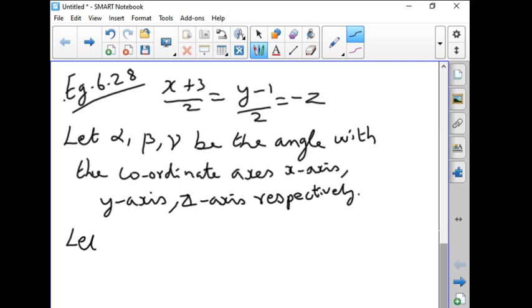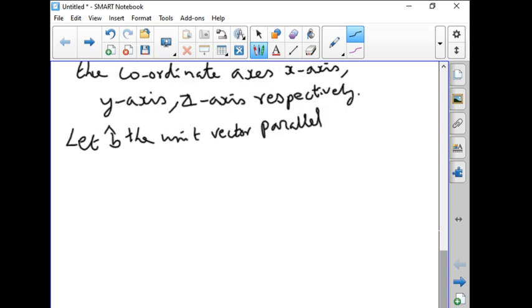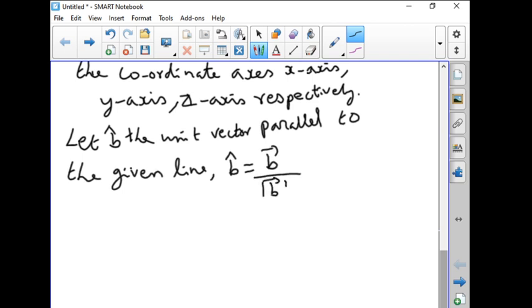So let b cap be the unit vector parallel to the given line. By formula we know b cap is equal to b vector by modulus of b vector.